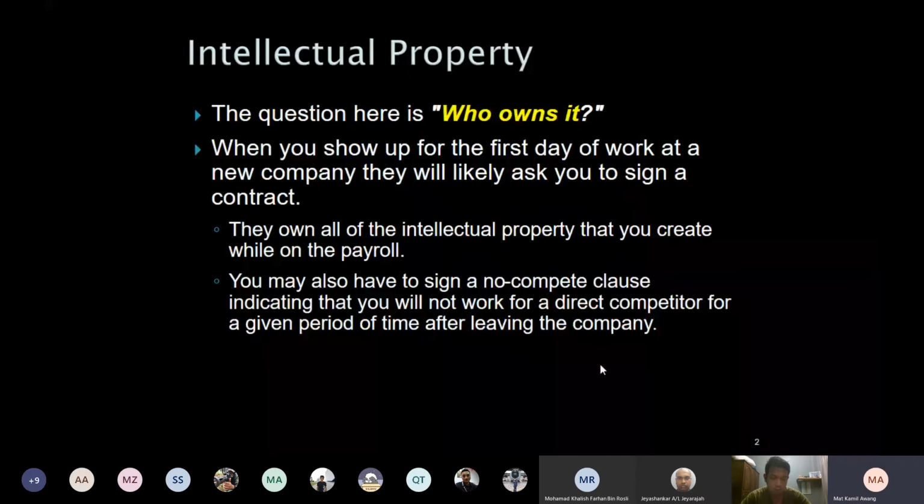So in order to prevent that, they have a no-compete clause that you cannot work for a direct competitor for a given period of time. Most companies will not allow you to work in the competitor's company for 3 years, for example, or 5 years. Any questions so far? No, sir. Okay.